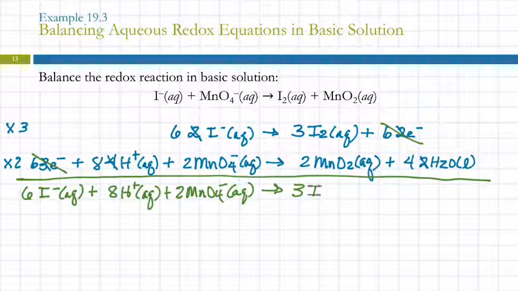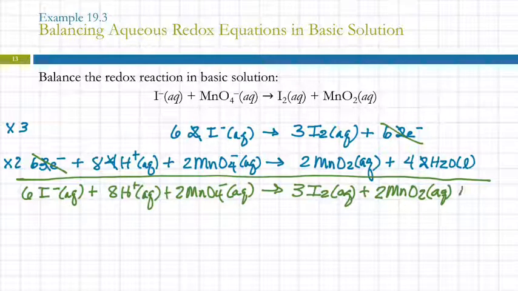And then I've got 3 iodine molecules and 2 manganese 4 units and 4 H2O liquid.